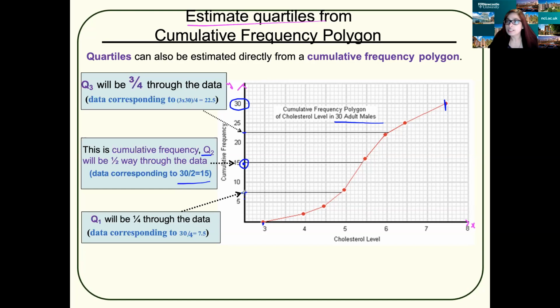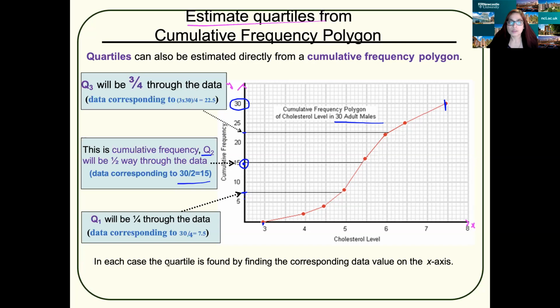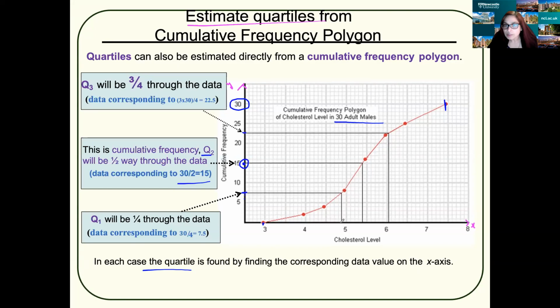value for the quartiles. In each case, the quartile is found by finding the corresponding data value on the x-axis. So you interpolate the line like this. That's your Q1, that's your Q2, Q3. And by interpolation, you can see the values.